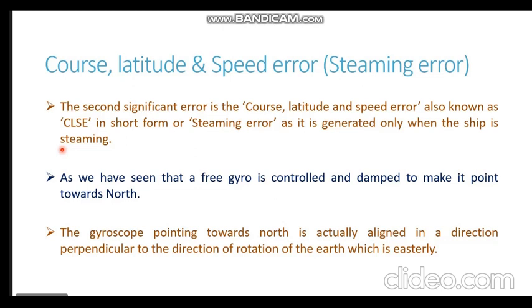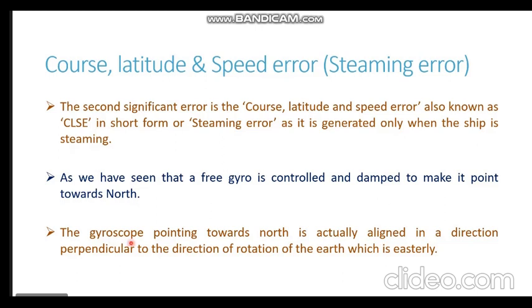Now, what is the cause of this steaming error? Now, we have seen in the explanation of the gyro compass, a free gyro is controlled and then damped to make it point towards north. We use the control precession to control the free gyro, convert it into elliptical motion. We use the damping precession to make the gyro north seeking, converting it into an inward spiral motion and eventually settling it down.